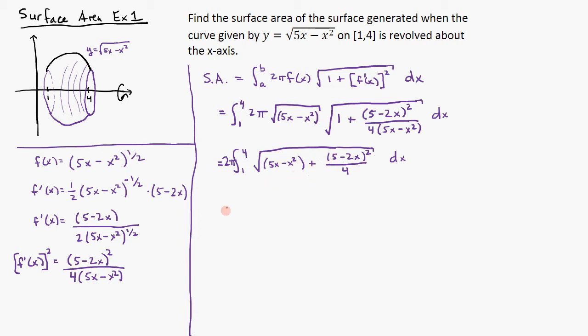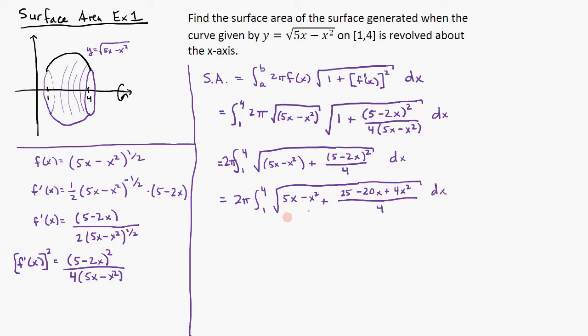Okay, so now let's expand this to see if we can simplify it further. So this is 5x minus x squared, I FOIL the numerator out, plus 25 minus 20x plus 4x squared, all over 4.